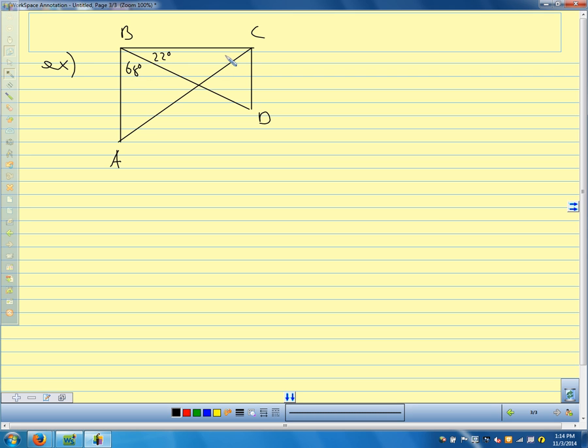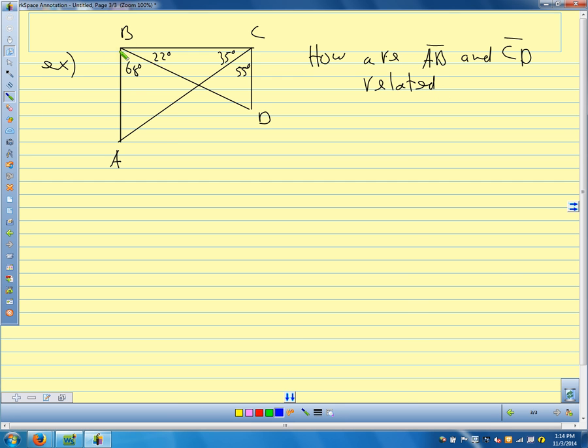This angle is 22 degrees. This angle is 35 degrees. And this angle is 55 degrees. And what we want to know is how are segments AB and CD related. So we want to know something about this segment and this segment. So what can we figure out here?